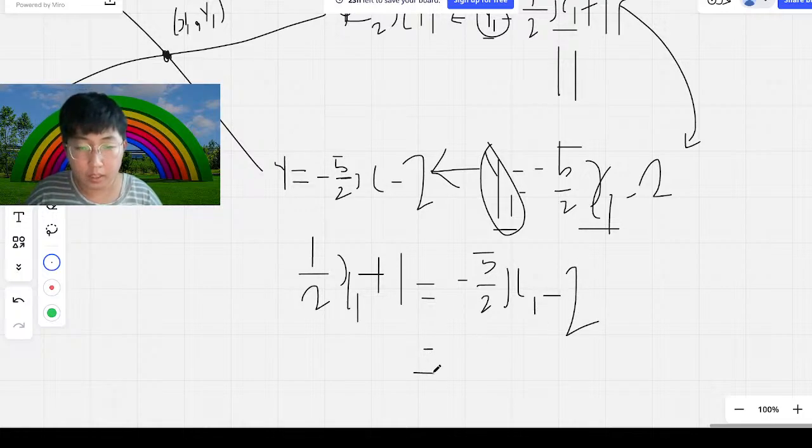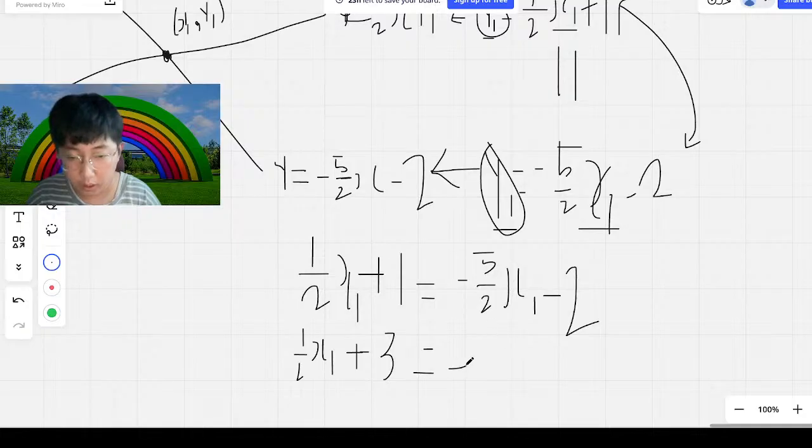Which means that if we add 2 to both sides, then we have 1/2 of x1 plus 3 is equal to, this thing hasn't changed. So we have that.